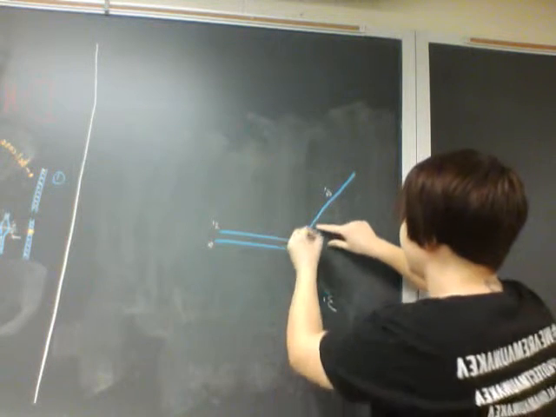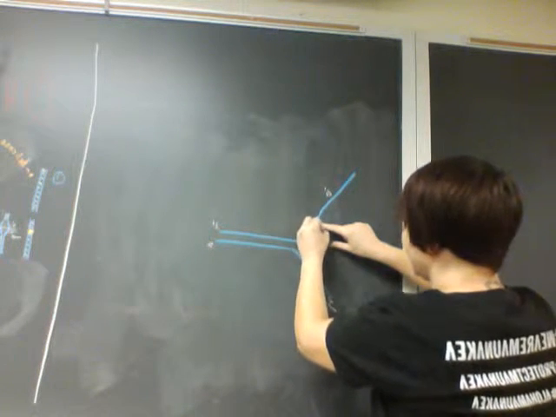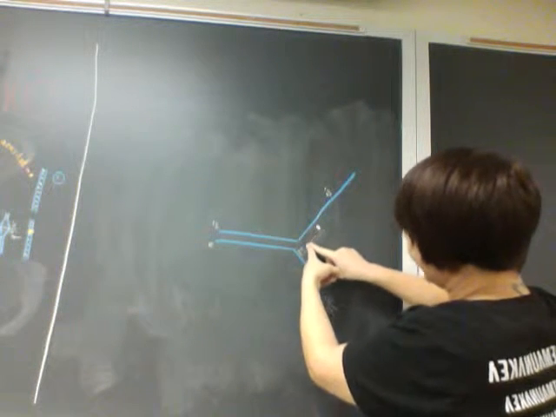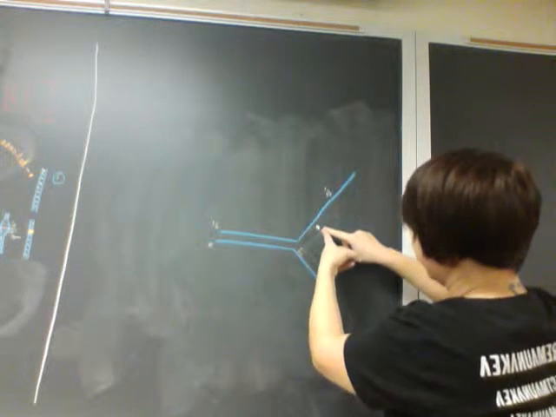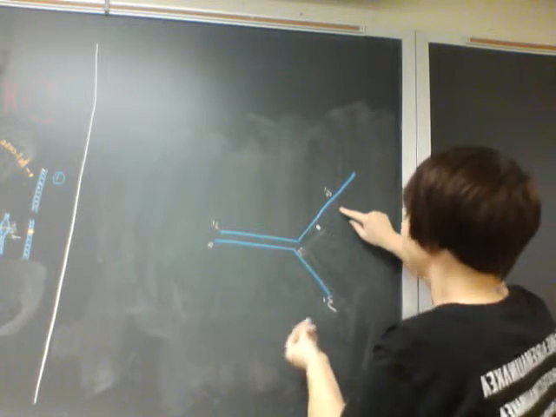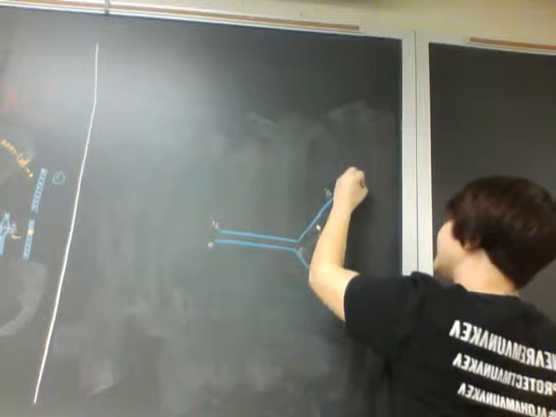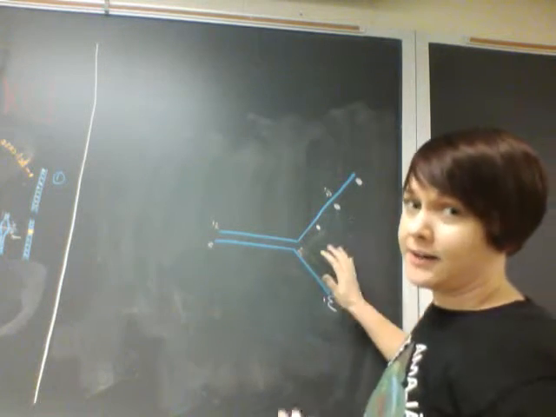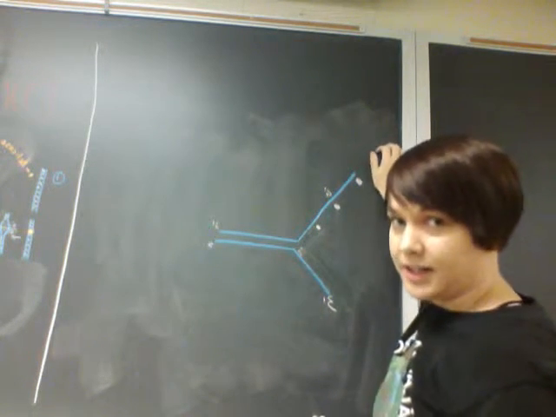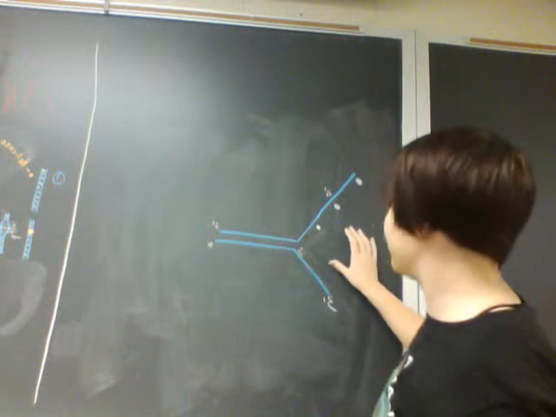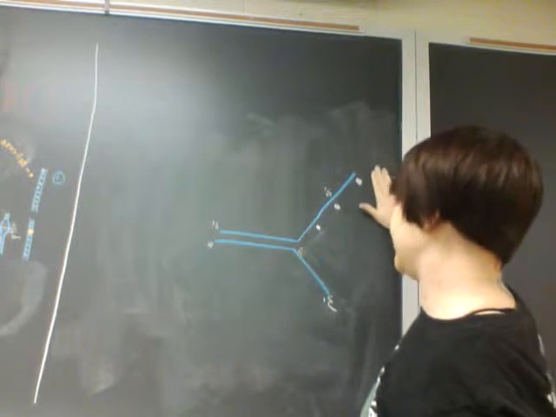So it would have to connect to here. But then it would add nucleotides this way. But what about this? So what happens is RNA primase comes and attaches at various points within your DNA strand, your lagging DNA strand. And that's what's called lagging, because it has to go to various different points.